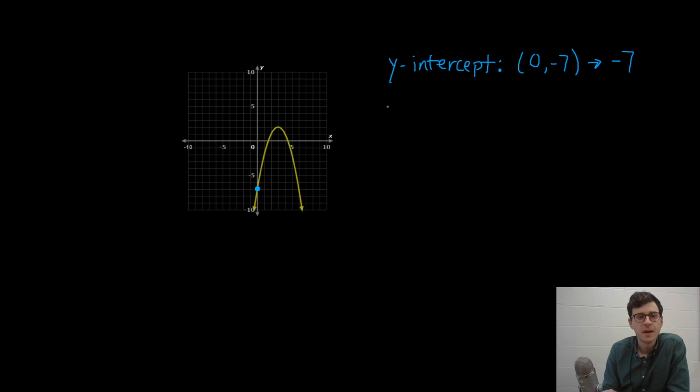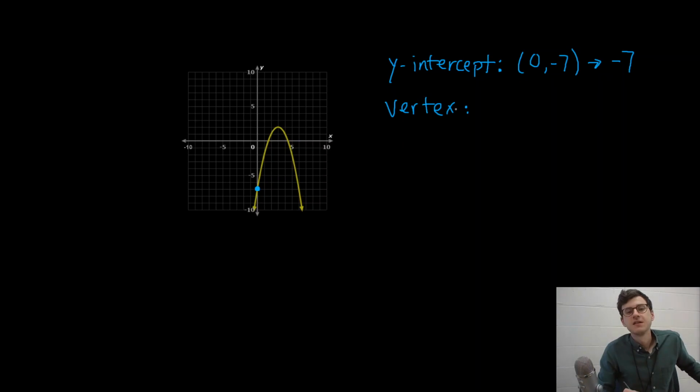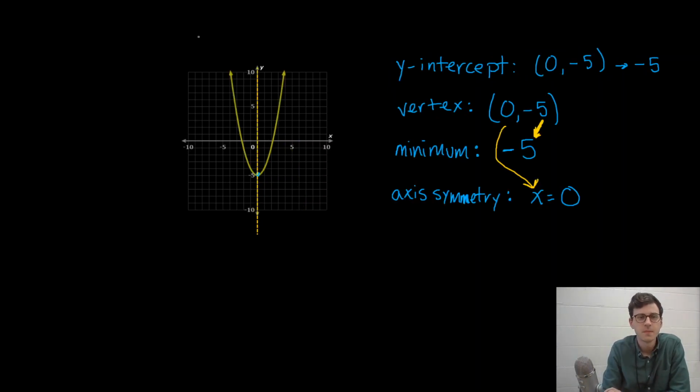Okay, what did we do next? I think we did the vertex. The vertex, that's the point where my graph curves, right? On the last graph, my graph was facing upwards, so it curved at the bottom.